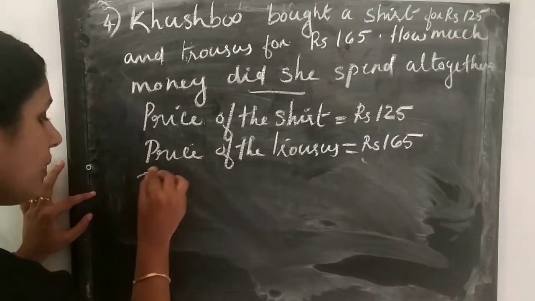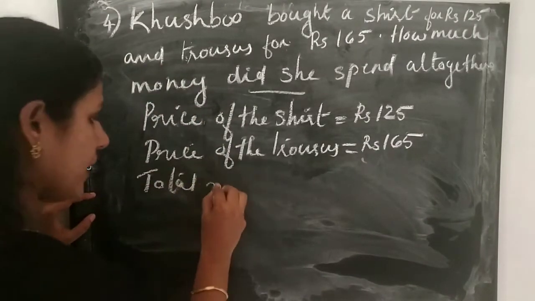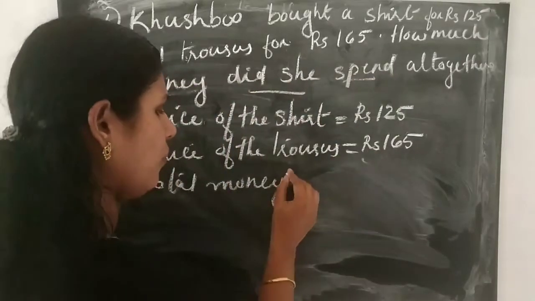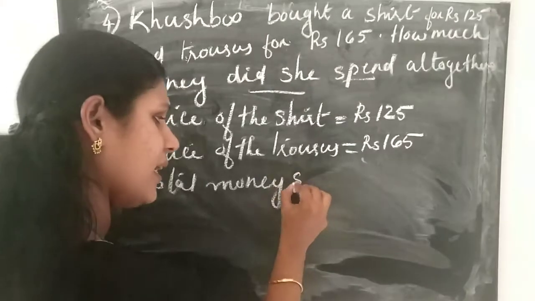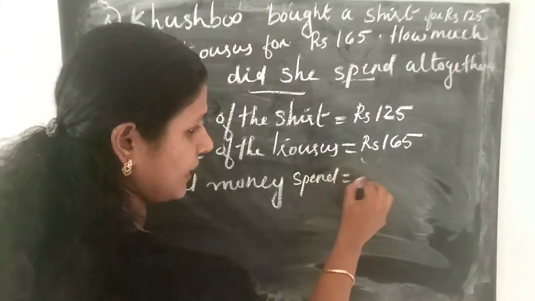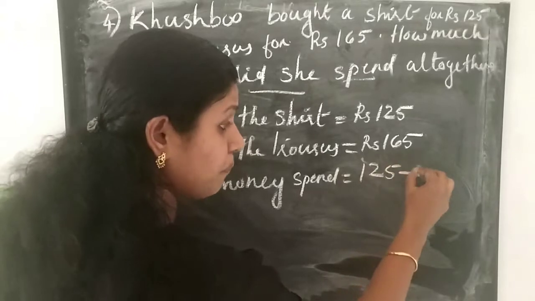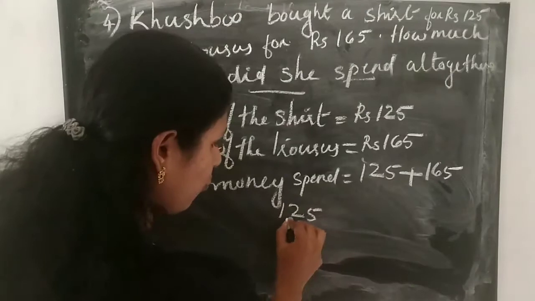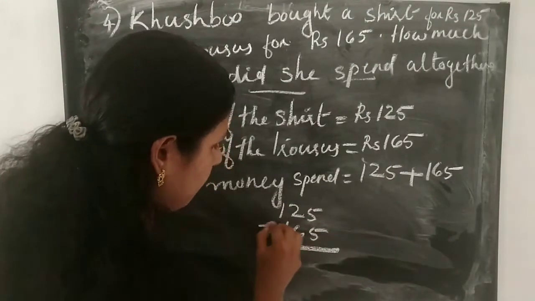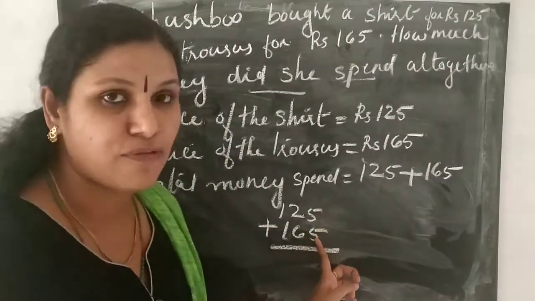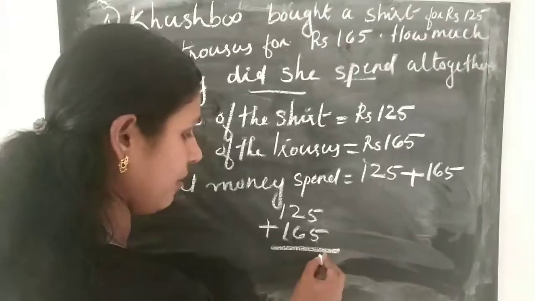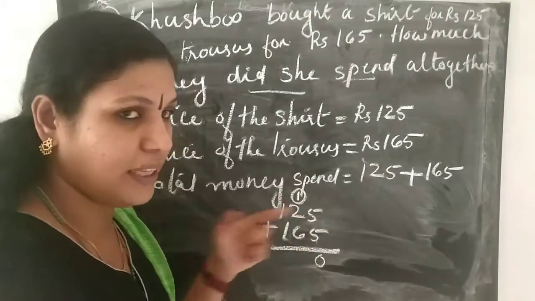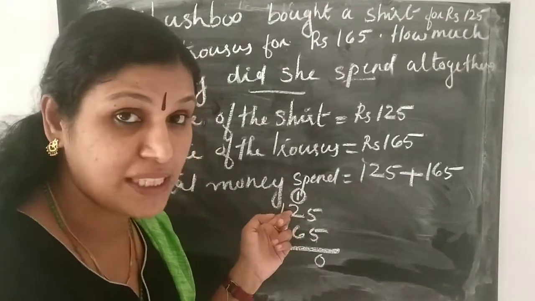Now we need the total money. Total money spent, that is 125 plus 165. 5 plus 5 is 10, so we write 0 here and carry 1. 1 plus 2, 1 in the mind, 2 in the fingers, is 3.